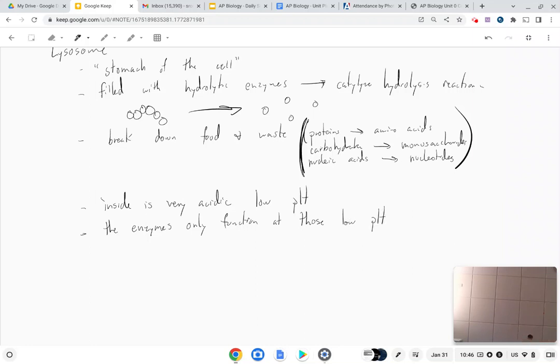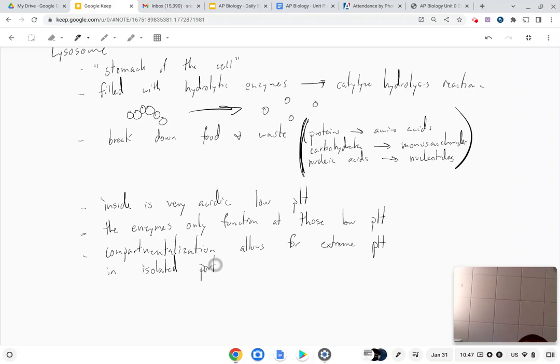Right, and this is actually a really important idea that I want to get across, and that is compartmentalization. This idea of compartmentalization that is unique to eukaryotes allows for extreme pH in an isolated part of the cell.